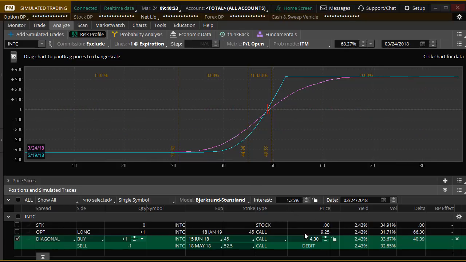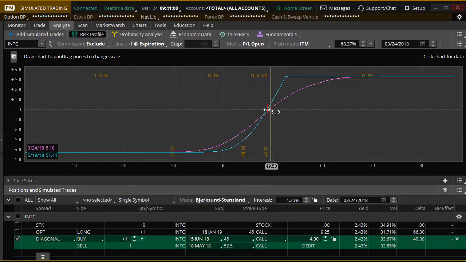William, yes, max loss. Well, look at it right here. Okay, we have our 45, but we collected, remember, we collected money on this trade. So that lowered our risk in this position, right? That means the stock can actually go below 45 before we really lose too much money on the trade.